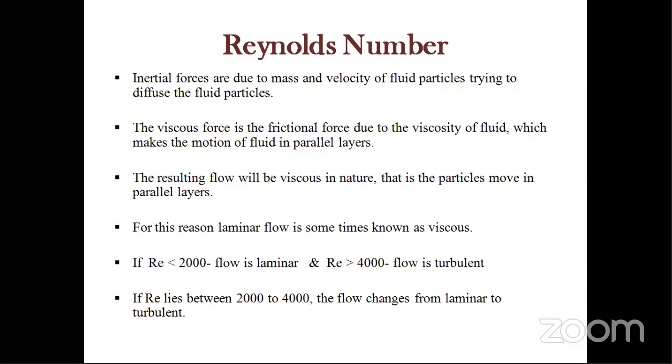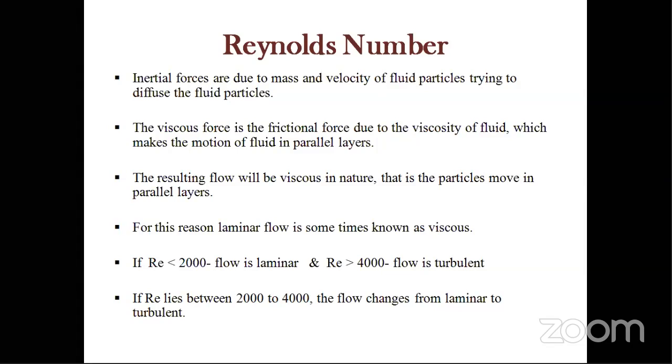The resulting flow will be viscous in nature, and the particles move in parallel layers. For this reason, laminar flow is sometimes known as viscous flow. Depending on the Reynolds equations and the Reynolds number, the value was taken from the experiments done by Reynolds, who got a value between 2000 and 4000.